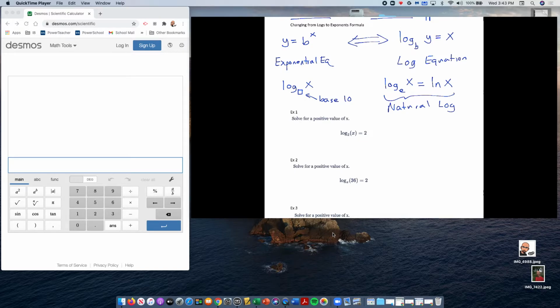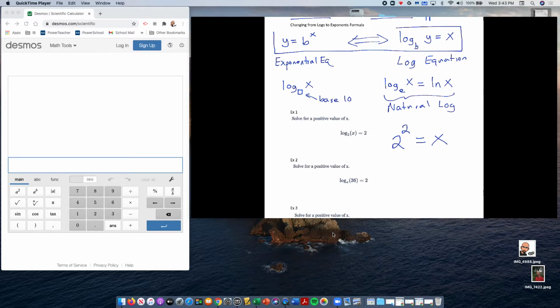So if I'm going from a log equation to an exponential equation, and I put these parts in the right place, a way I could write this is 2 to the second power is equal to x. Just look back up here at what I'm using. I'm going to use that idea.